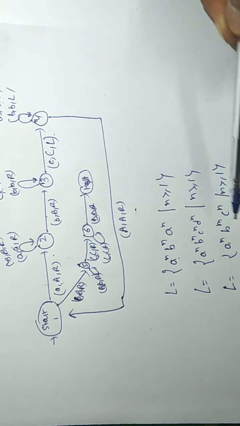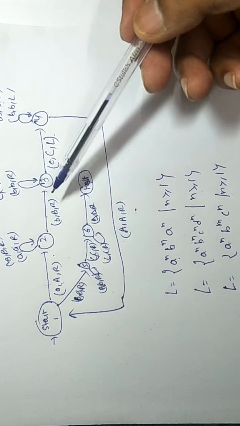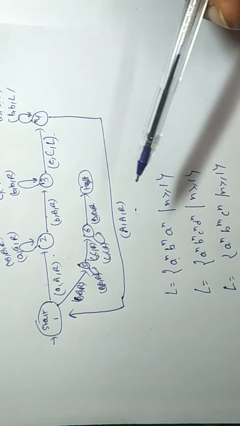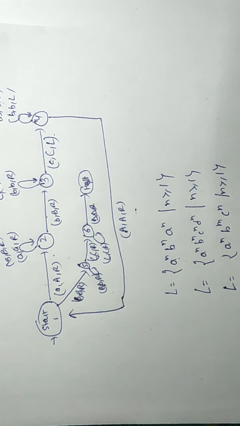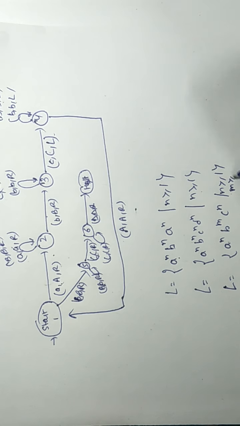You are not going to change b into capital B. So you will leave this b unchanged, only reading b and moving forward. You are not marking this b here. It is n, m greater than or equal to 1.